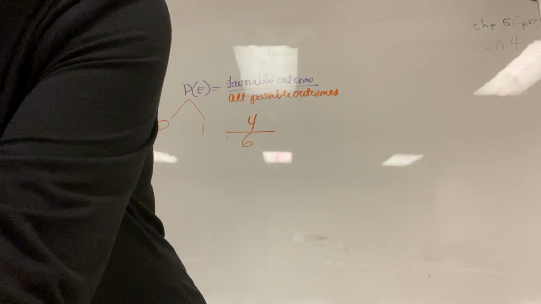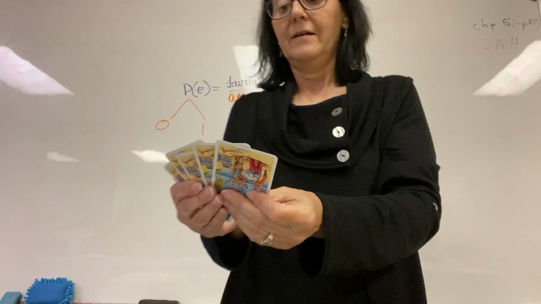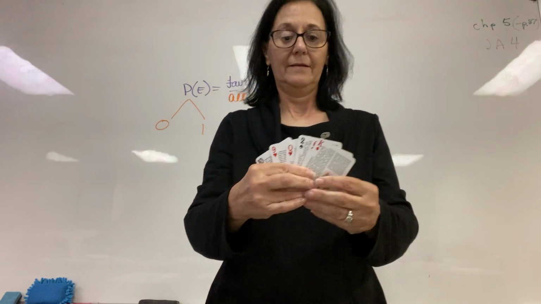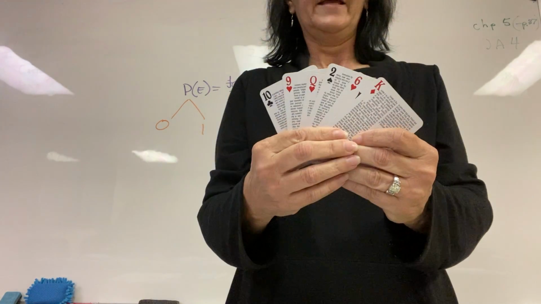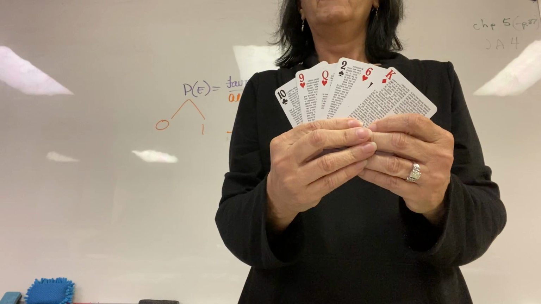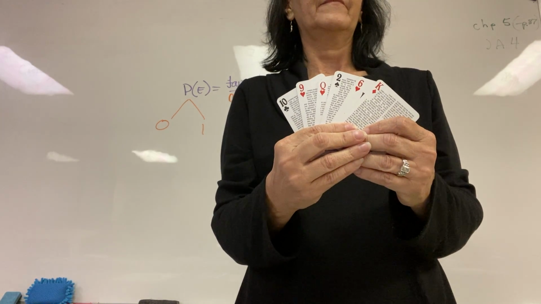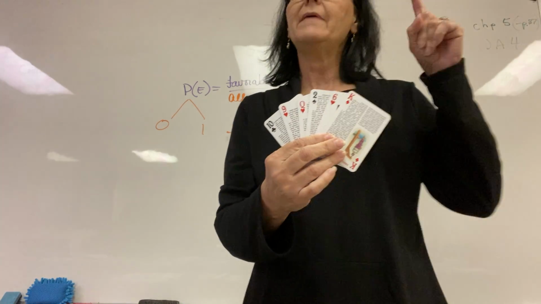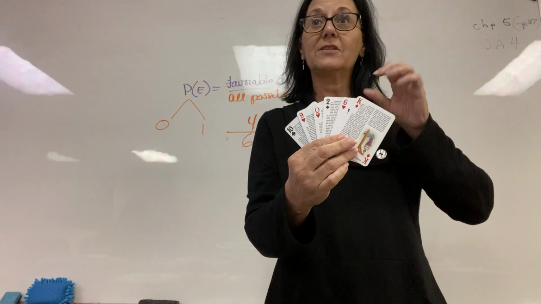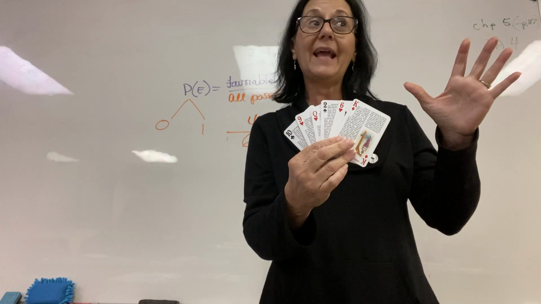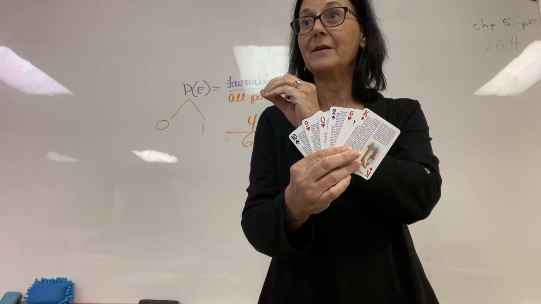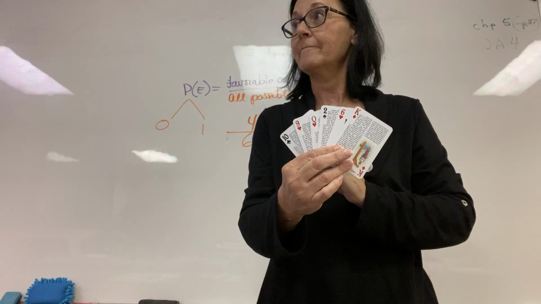All right, let's go back to these cards. We said the probability of drawing a red card was 4 out of 6, or 2/3. So the complement of that, like we have complementary angles, we have complementary probability, okay?